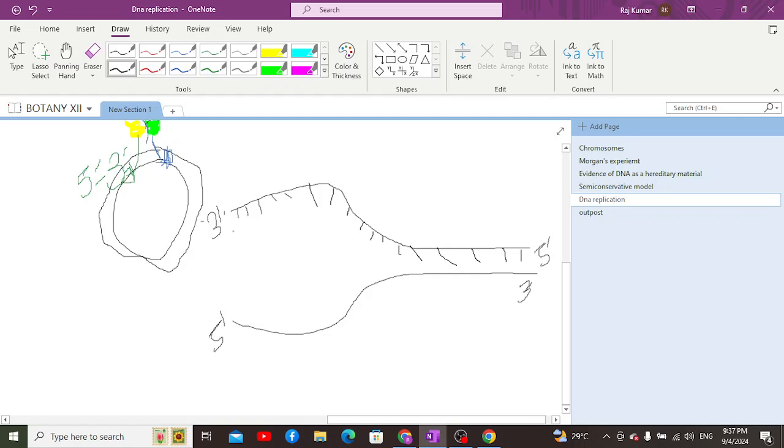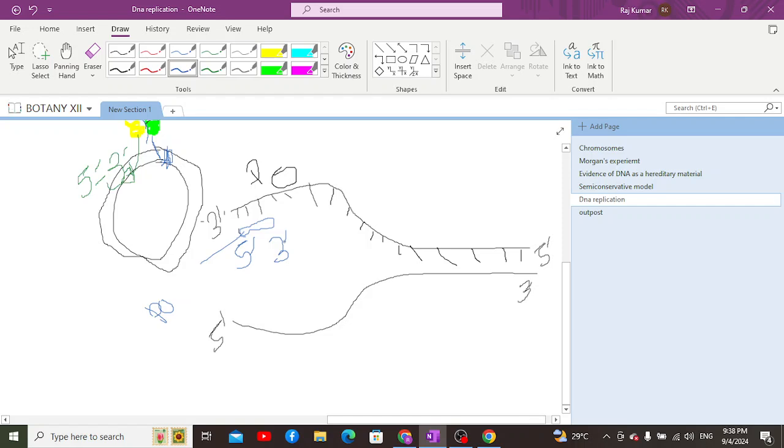All right. So what actually happens is that the primase enzyme comes over here and synthesizes an RNA fragment of 6 to 10 nitrogen bases, which is known as the primer. And what is the major function of the primer?